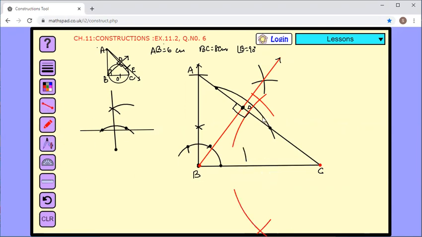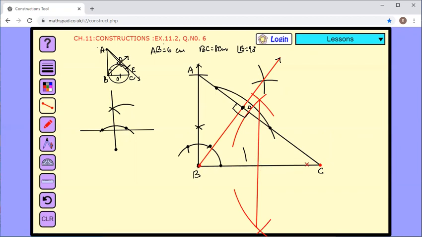So here I'll join these 2 points so that I can get the midpoint of BC, that is the center of the circle, as we are required to draw a circle that should pass through B, C and D. To construct this circle, I need the center of the circle.